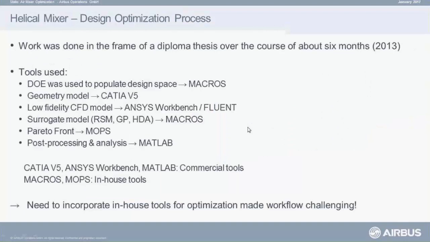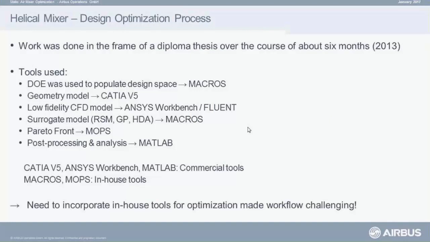This work was done in the frame of a diploma thesis, which lasted for about 6 months in 2013. And at that time we didn't use STAR-CCM+ in the manner we use it today. Therefore, we had to use a complete chain of tools. First of all, there were several in-house tools that we used, for instance, macro and mobs.